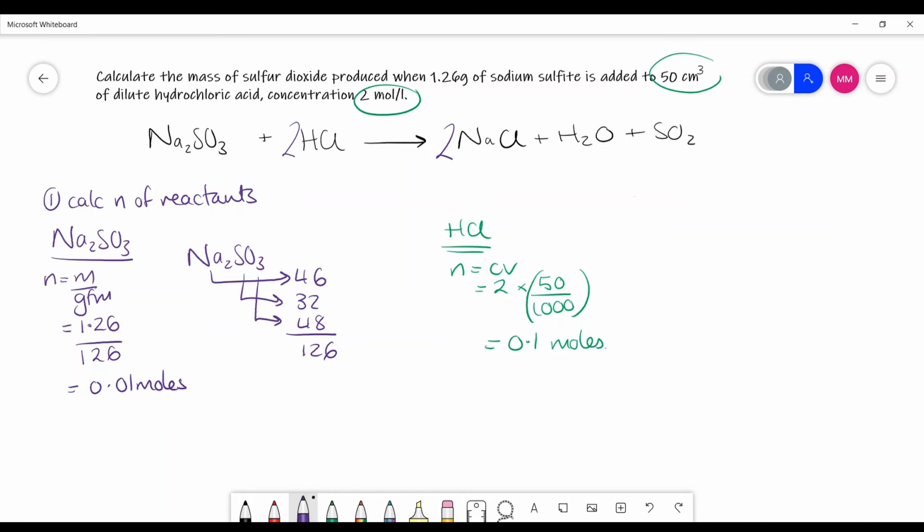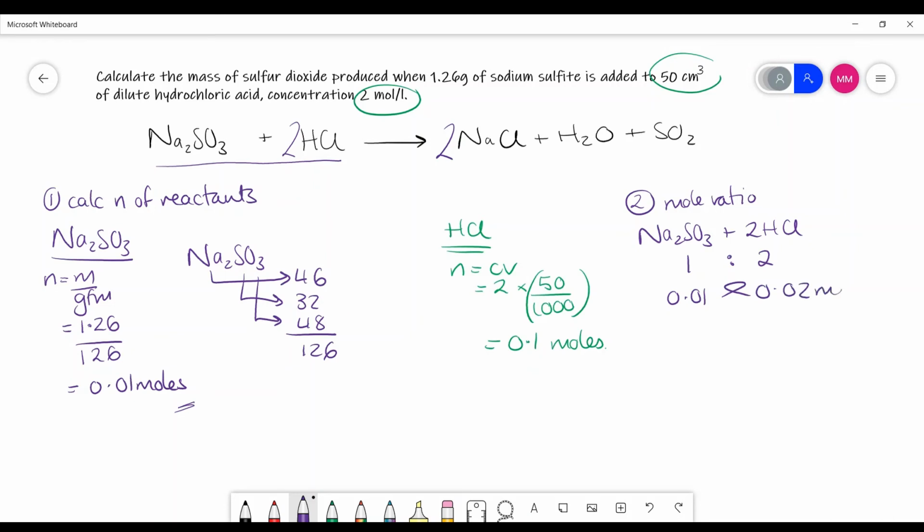Our second step is moving on to our mole ratio. So once you've done this, you go back and look at our balanced equation. We can see that 1 mole of sodium sulfite will react with 2 moles of hydrochloric acid. So it's a 1 to 2 ratio. If we have 0.01 moles of sodium sulfite, we would need 0.02 moles of hydrochloric acid.